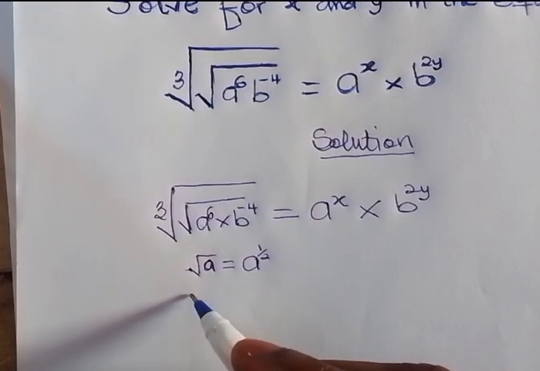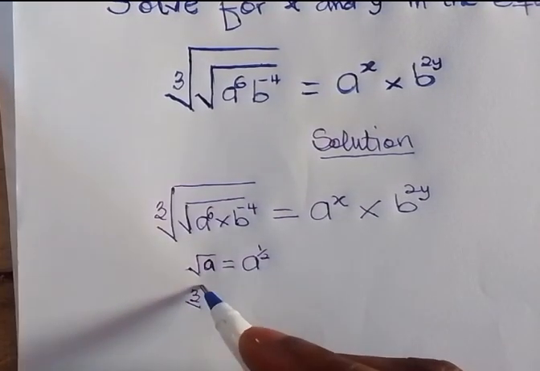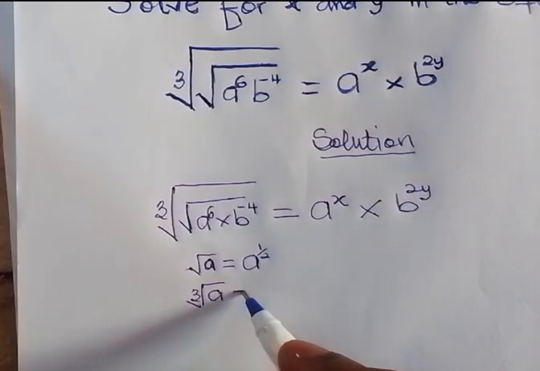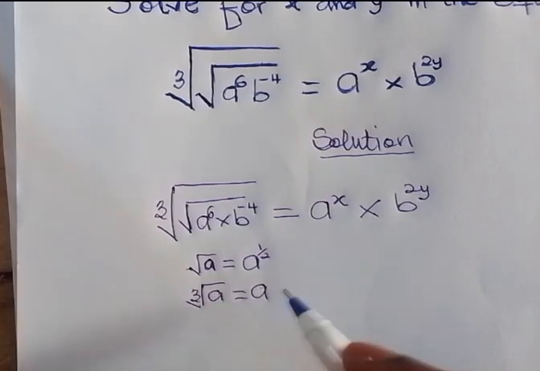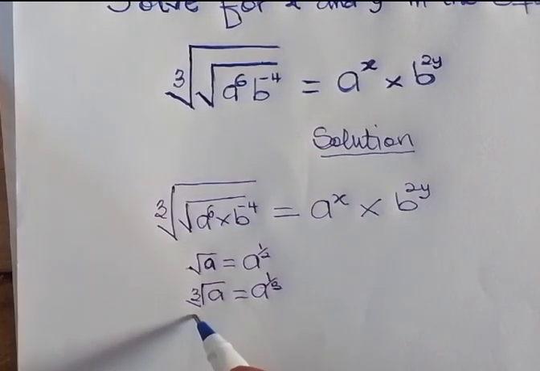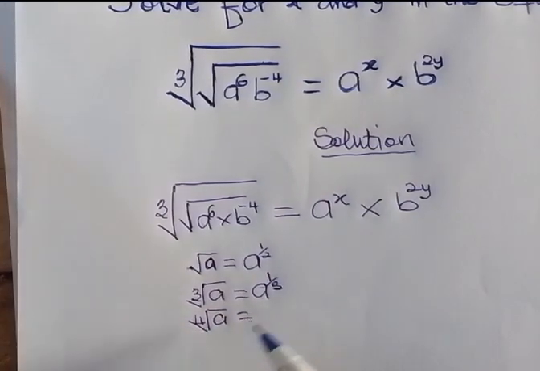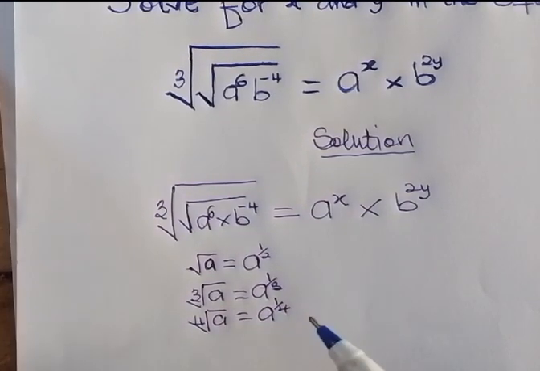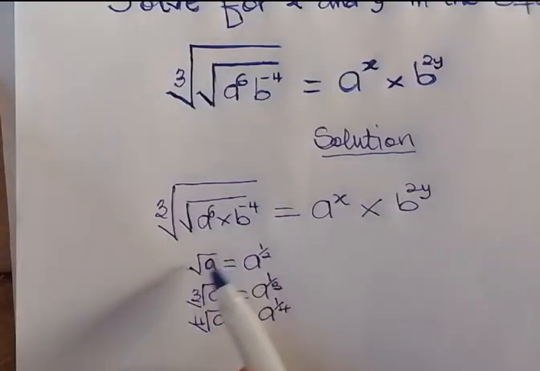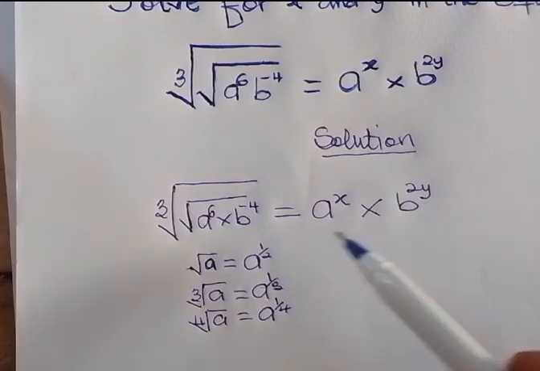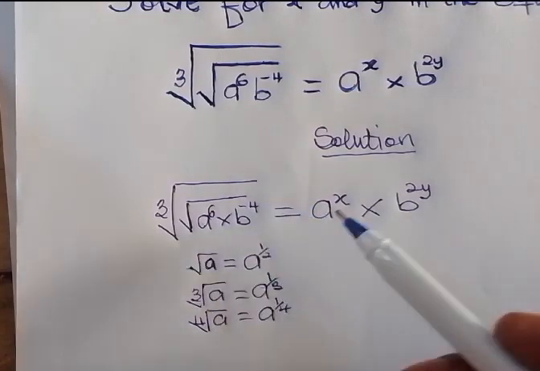If you have the cubic root of a, it can also be expressed as a exponent 1/3. If you have the fourth root of a, you can also write it as a exponent 1/4. Good.